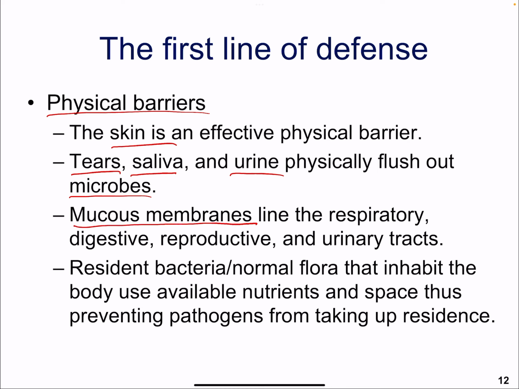Think about your mouth. You have mucous membrane in your mouth, in your eyes, in your nose, right? To mention only these mucous membranes. You have mucous membranes in your respiratory tract, right? The digestive tract, right? So respiratory tract, digestive tract, reproductive tract, the urinary tract. They are all areas where you're going to have mucous membranes.